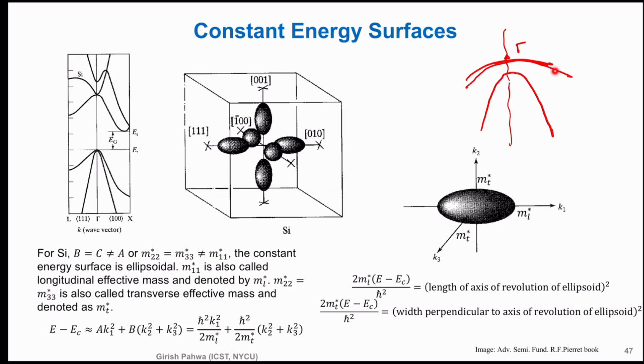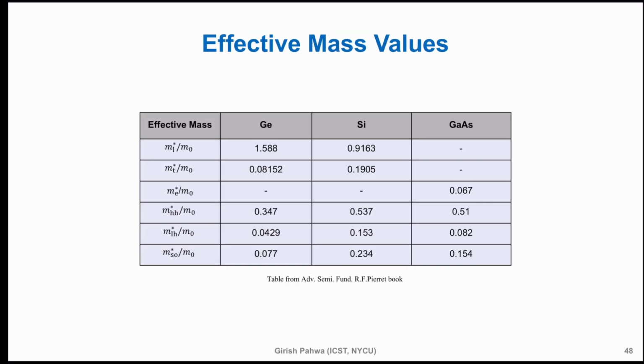Heavy hole, light hole. And then you have split off. That's why you have three effective masses. Heavy has the least curvature, because inverse of the E-k curvature is proportional to the effective mass. And then you have light hole, and then you have split off.